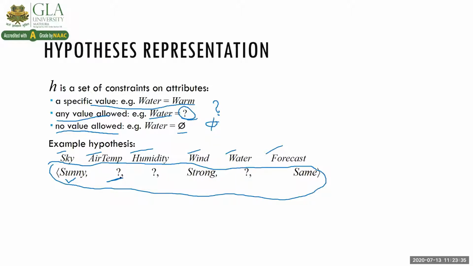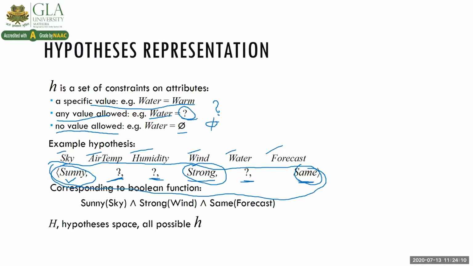So question mark is replaced by any value. Humidity, any value. Wind must be strong. Water value can be any. And forecast is same. So there are 3 specific values assigned to the hypothesis. Clear? And 3 any values. So it's just a wild card.